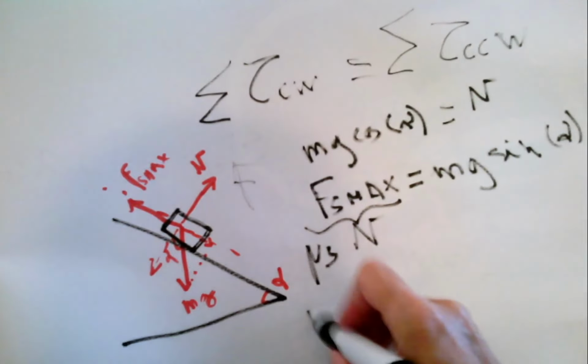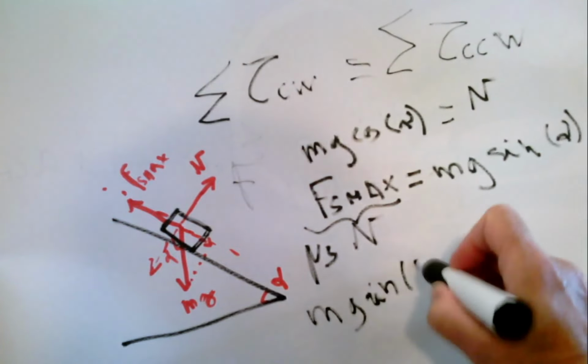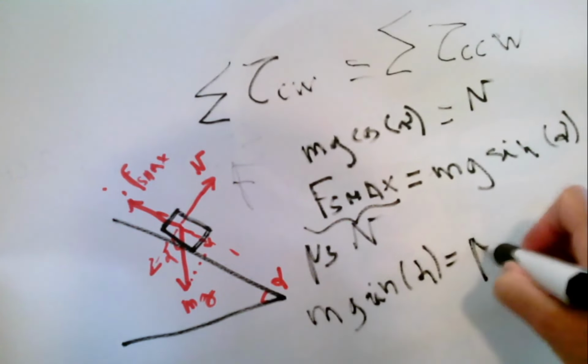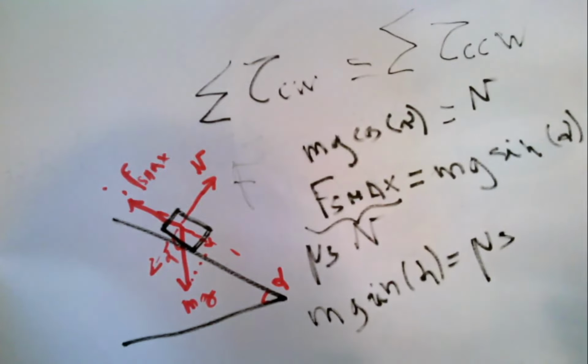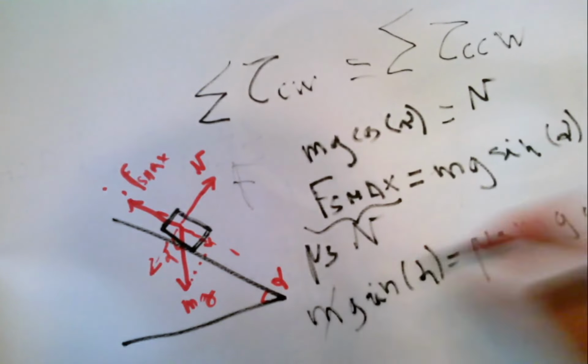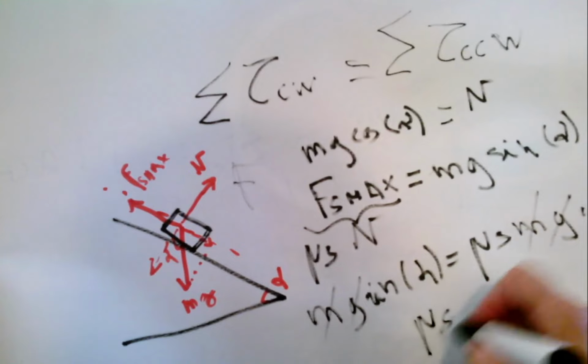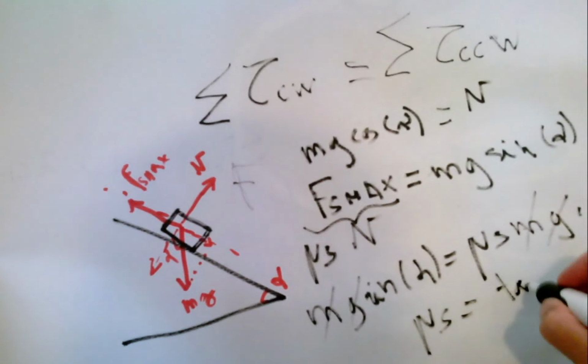So you're going to have mg sine alpha equals the coefficient of static friction times the normal force, mg cosine alpha. So you have the coefficient of static friction equals tangent alpha.